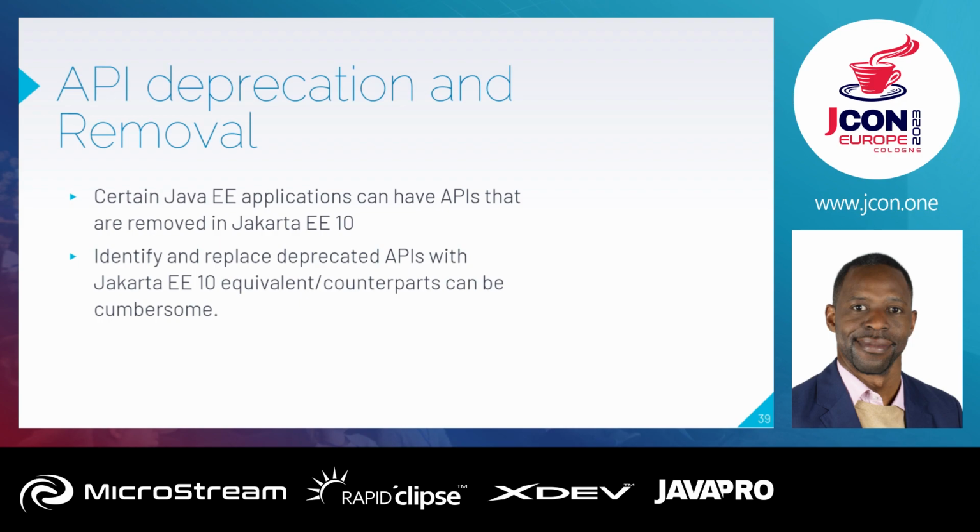If your application is really old and still uses old technologies, I don't know if people still use CORBA today, but CORBA is long gone, and Jakarta EE 10 does not have CORBA at all. Old versions of EJBs are gone, and they mostly focus on CDI, CDI Core and CDI Lite.